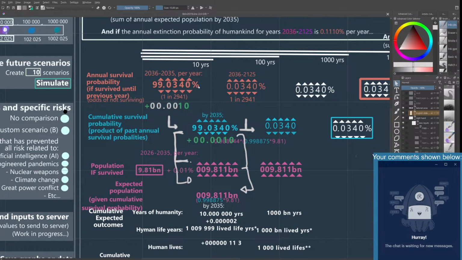And for very small probability changes, the expected population changes are small. So if I don't have enough decimals, then it's not going to show the change.